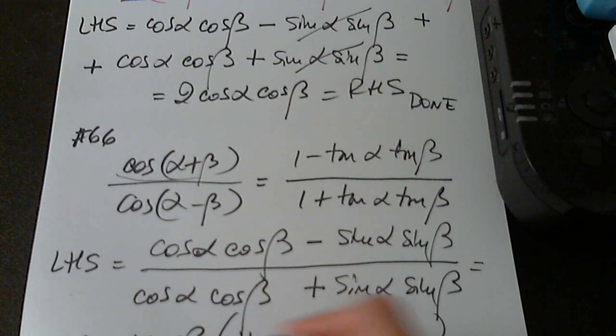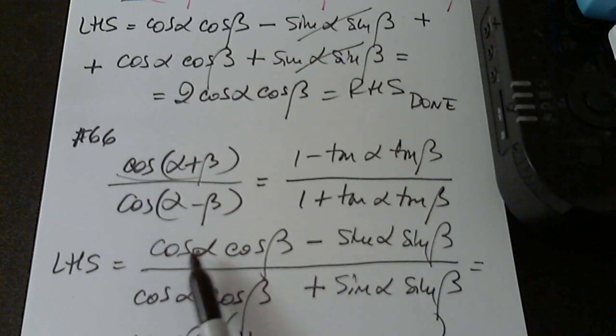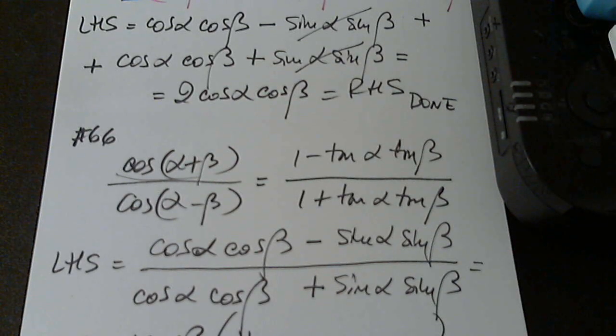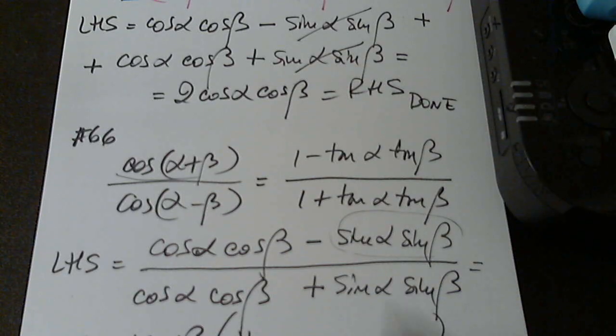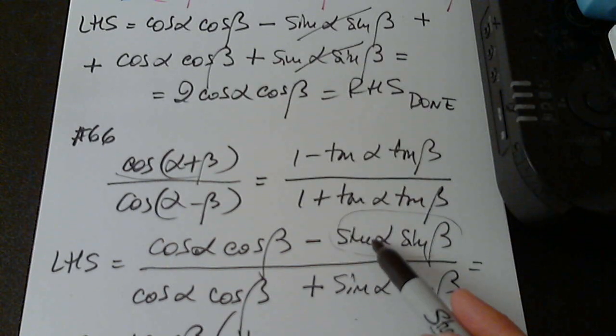And I have to have the 1 minus and the 1 plus, for sure. So I factor out this. This times this is 1. But when I factor out cosine alpha, cosine beta, and I have sine alpha, sine beta, then this is the fraction sine alpha, sine beta over cosine alpha, cosine beta.